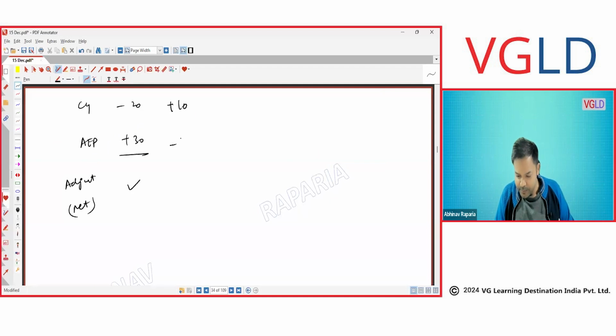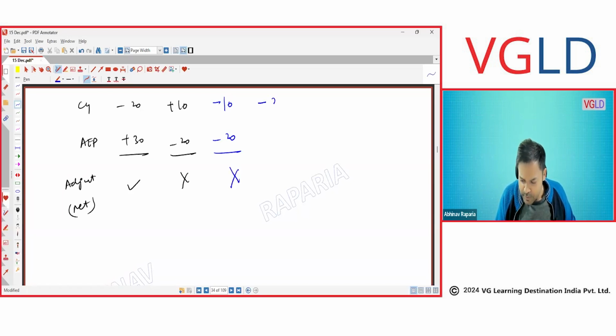Would you adjust them off? No. Minus 10 minus 20. Would you adjust them? There's no adjustment in that case. Minus 2 plus 5. Would you adjust them? Yes. You'll adjust. I hope it is okay, people.